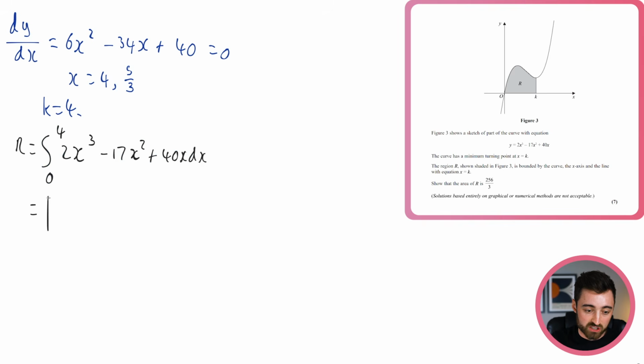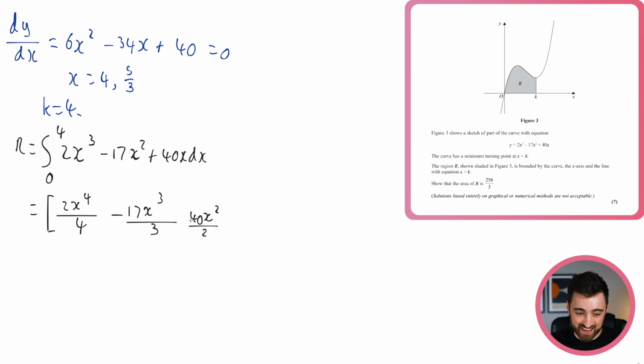But in terms of integration, add 1 to the power, so x to the 4, and then I've got the 2 divided by the new power. Add 1 to the power, so x to the 3, got the 17, divide by the new power. Add 1 to the power, x to the 2, got the 40, divide by the new power.